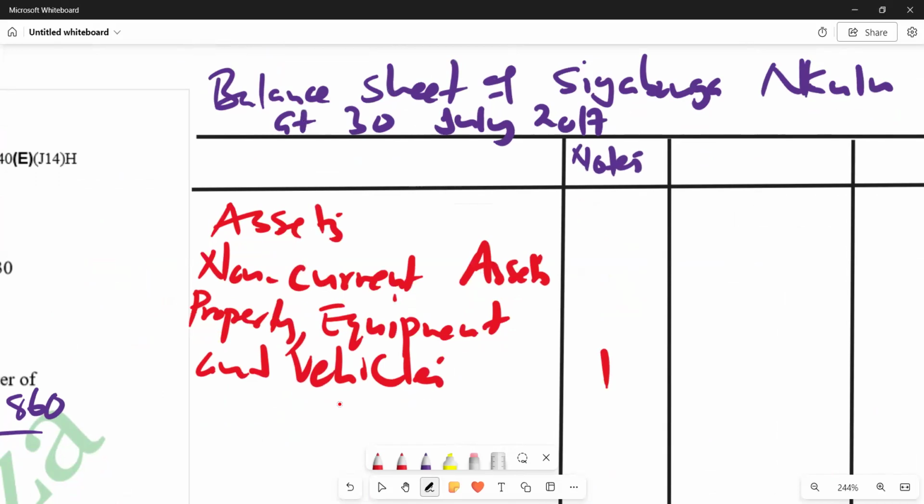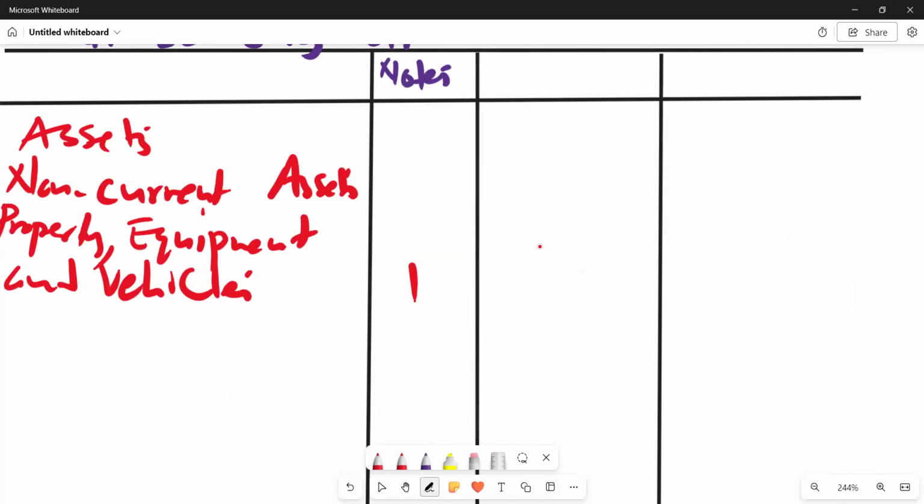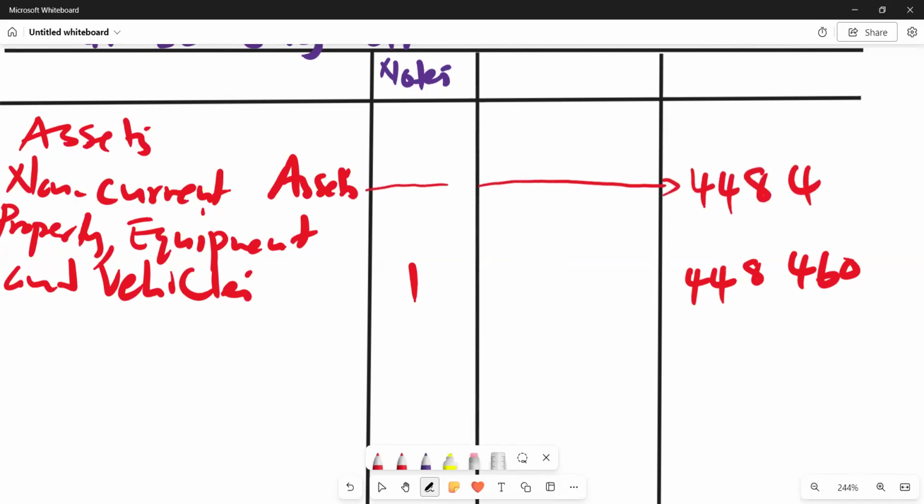And we are putting it in the last column, whereby we are saying the figure is 448,460. And we're going to see that we don't have financial fixed assets or financial non-current assets. So this one also is going to be the total for non-current assets. So it's going to come here in line with our non-current assets, and it's going to be 448,460. So this is how we are going to prepare it.